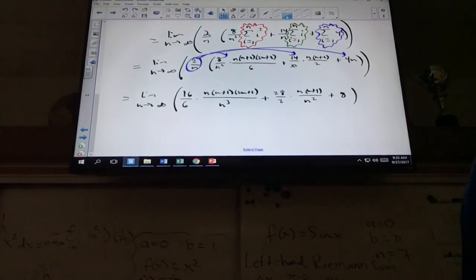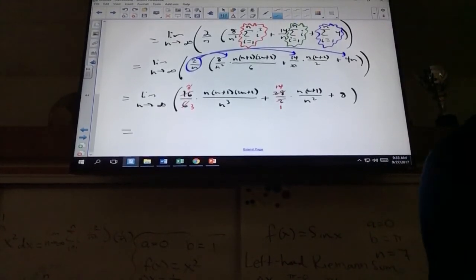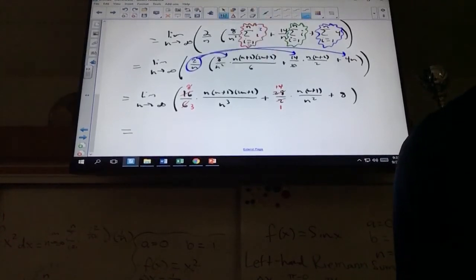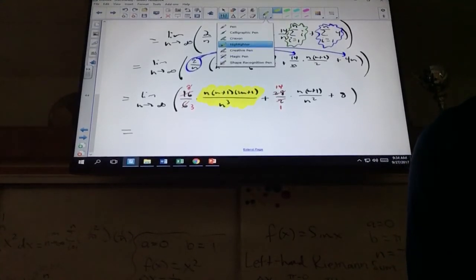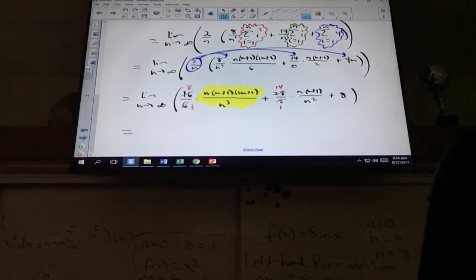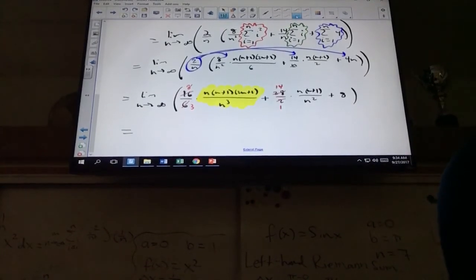So I'm going to simplify a little bit here. 2 goes into that 8 times, 2 goes into that 3 times, 2 goes into that 14 times, and 2 goes into that 1 time. And so now when I apply the limit, looking at this right there, that is going to go to 2.